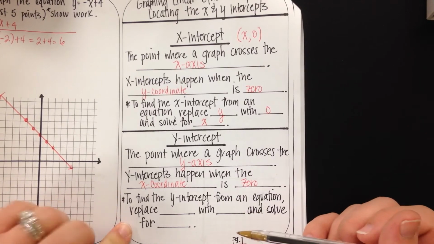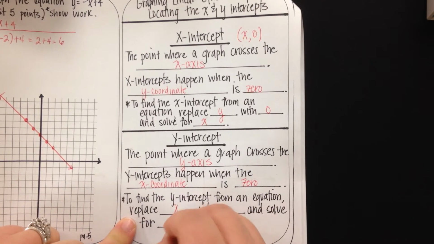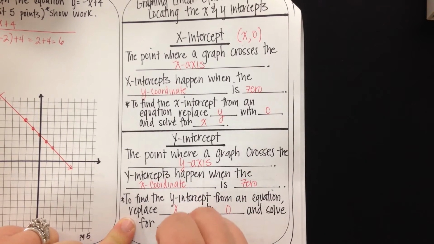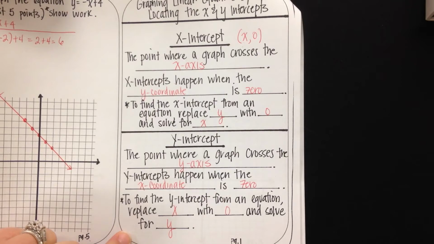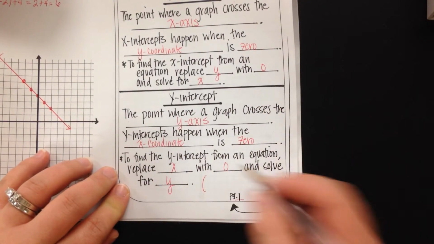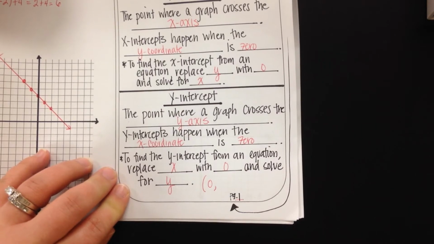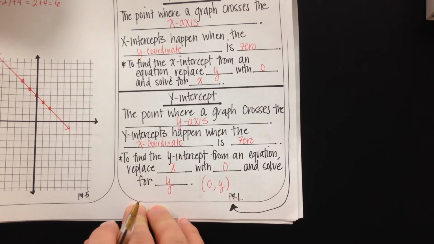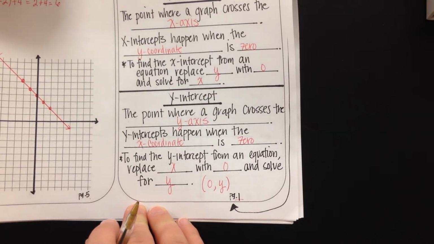What are we plugging in, or what are we replacing? We're replacing x with 0 and solving for y. Okay? And so what do you think those coordinates would look like? If x is 0, 0 comma, and then whatever your y value is. Okay? Very, very simple. So let's do one of those examples.